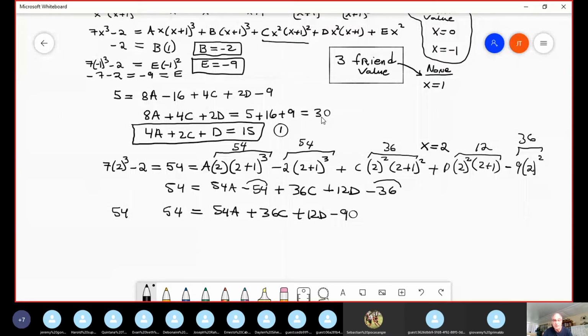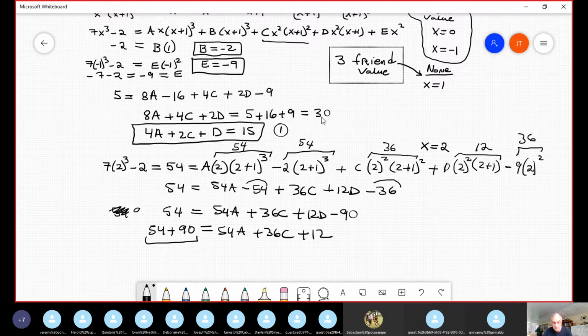But I move 90 to the left, so plus 90, positive 90. Okay. And the other line, 54 plus 90 is equal to 54A plus 36C plus 12D. And we combine this and this together is 144.